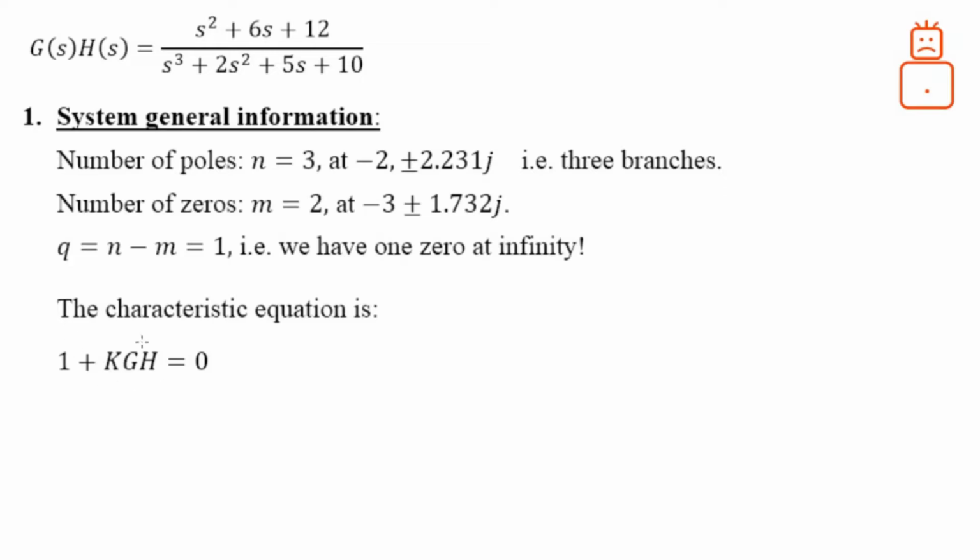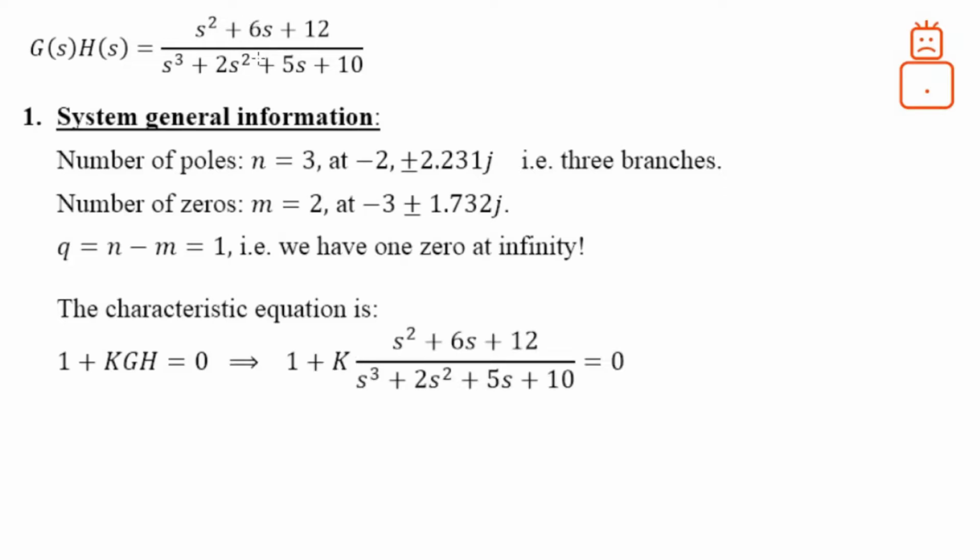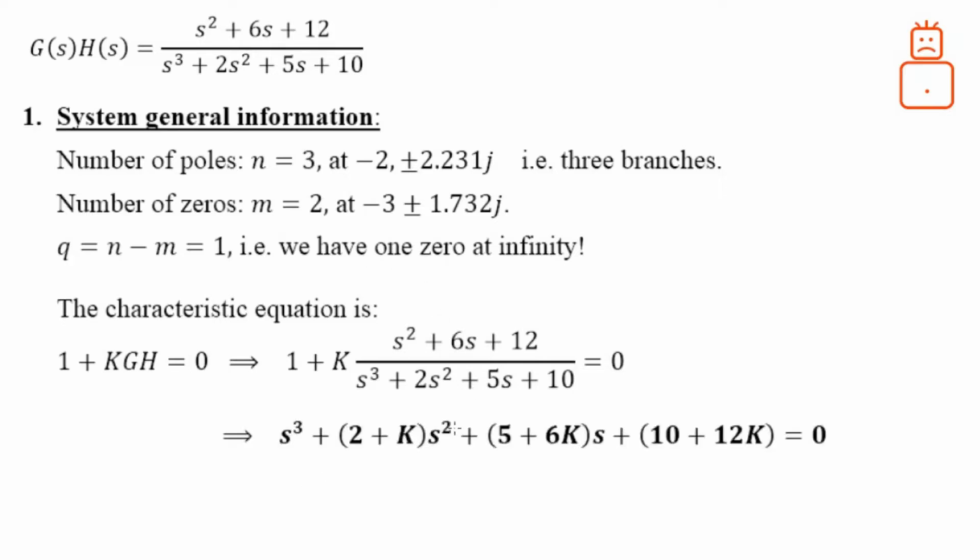Using this formula of the characteristic equation of the closed loop system and using this given open loop transfer function, we can substitute this in the equation here and find the characteristic equation. This characteristic equation will be useful when we try to know if the branches are crossing the imaginary axis.